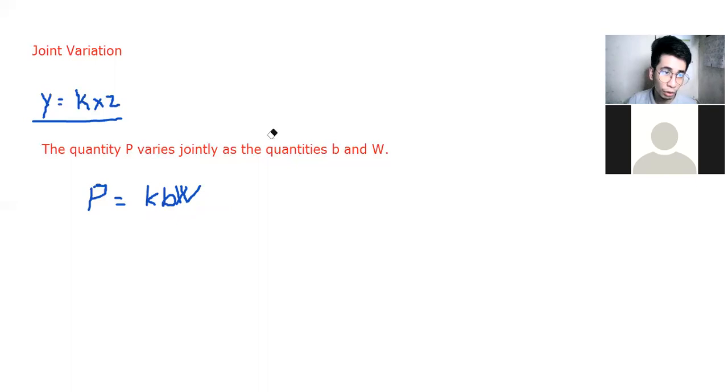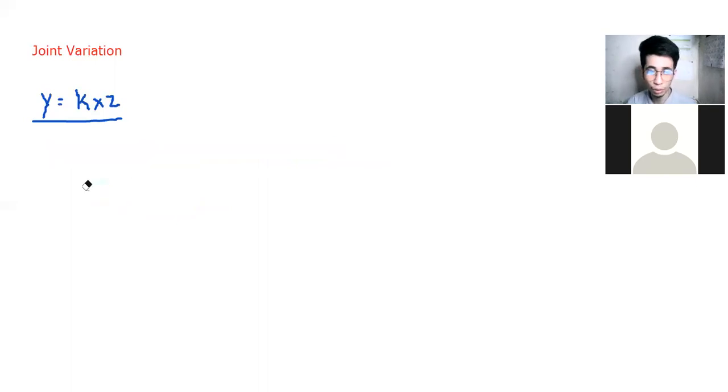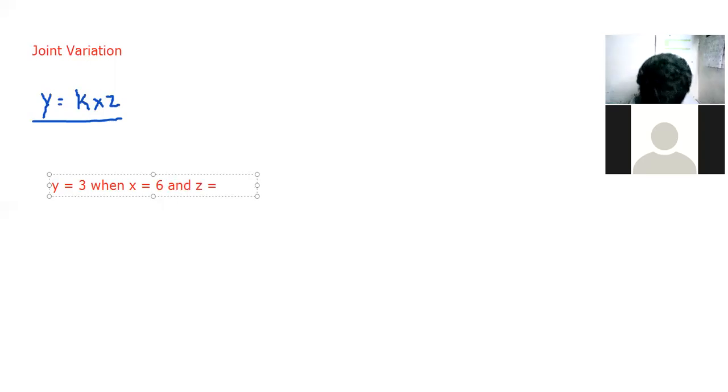So, paano kino-compute to? So, for example, we have here, meron tayo dito, Y is equals to 3 when X is equals to 6 and C is equals to 4. Yan. Then yung isa naman, sulat na din natin itong isa para dire-diretso tayo.